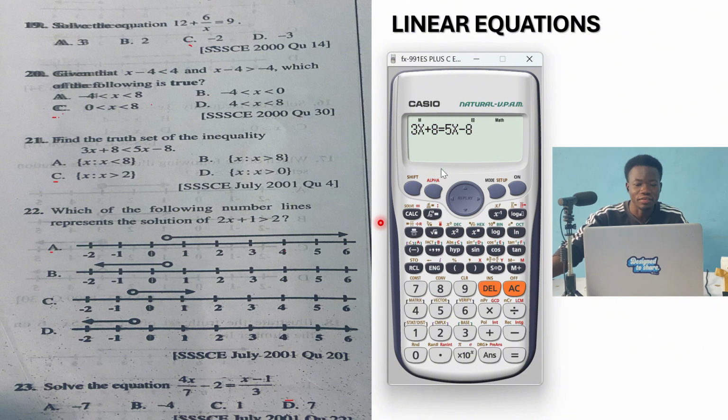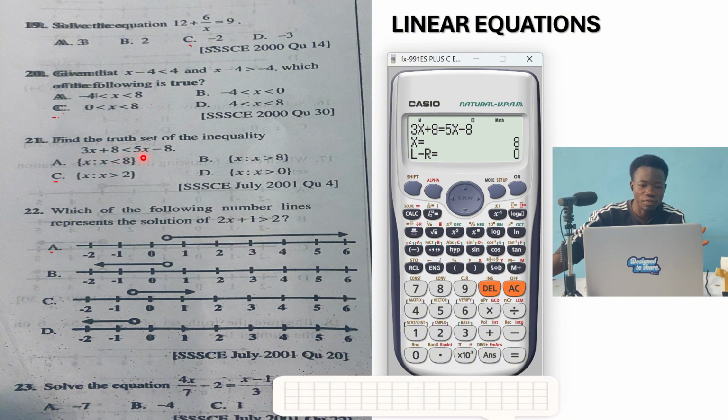Now that you have this, you use what? Solve, shift and calc. That's the equal sign. So the correct answer is 8. But you want to know which one is the correct one. This is 3x plus 8 is equal to 5x minus 8. And so the correct answer here, they say was 8.